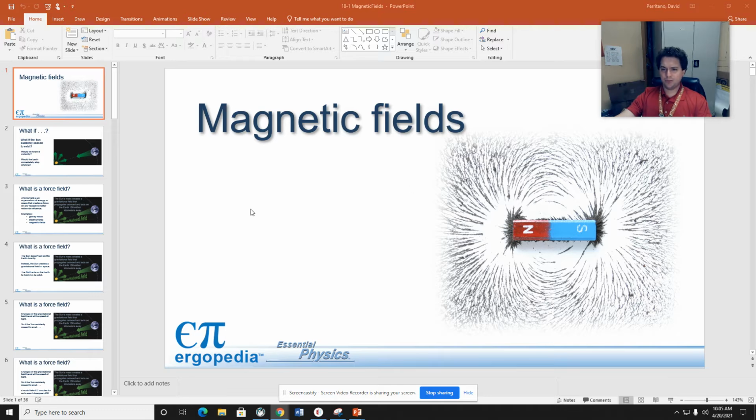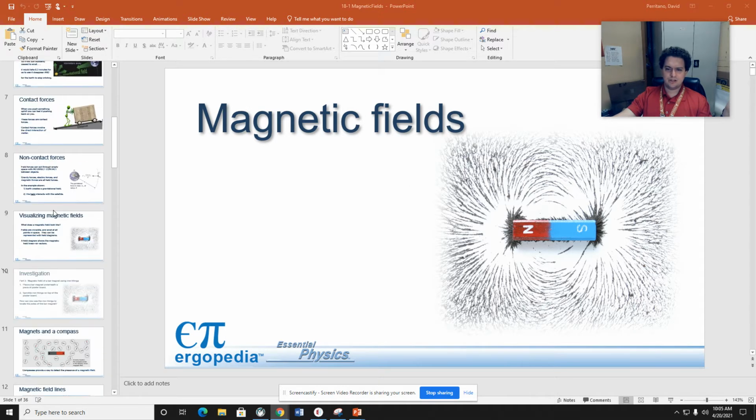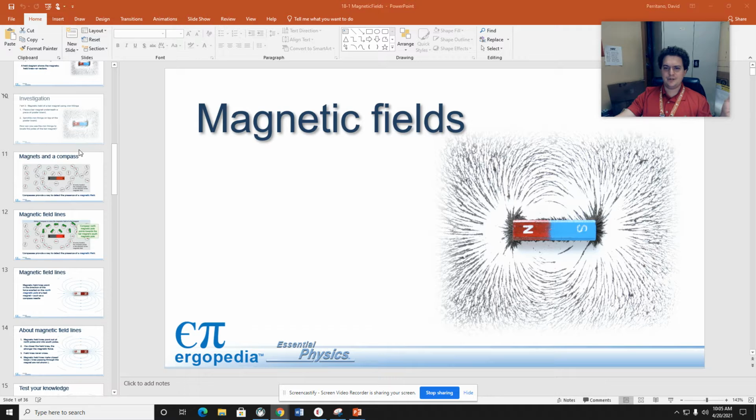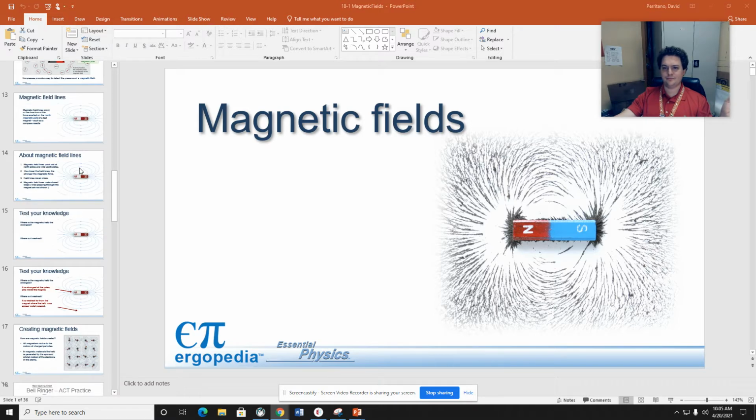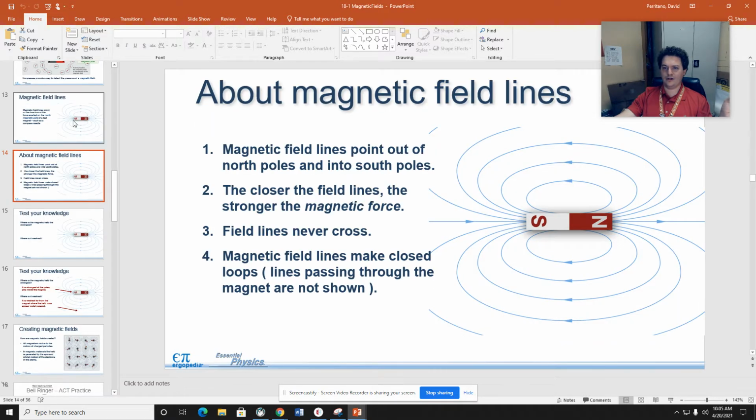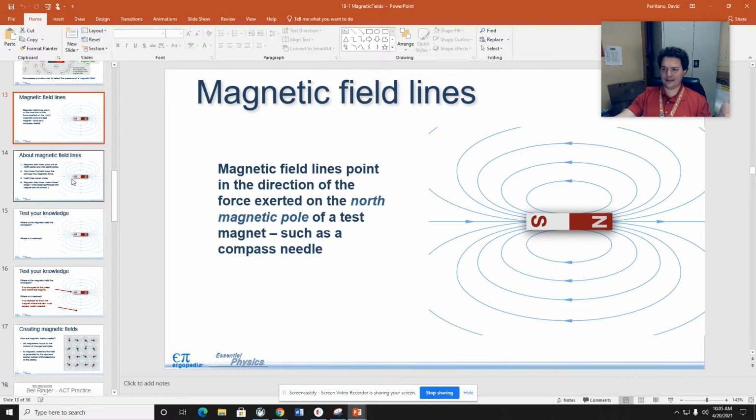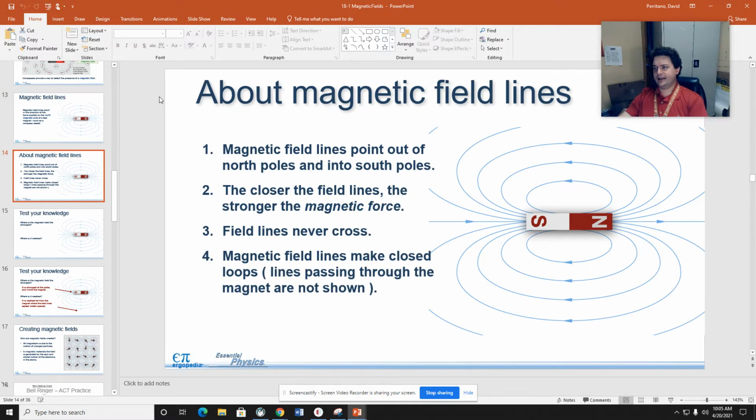These are actually super important information that we're going to get into because these are magnetic field lines. And it is vital that you are able to draw a magnetic field and understand what is going on here.